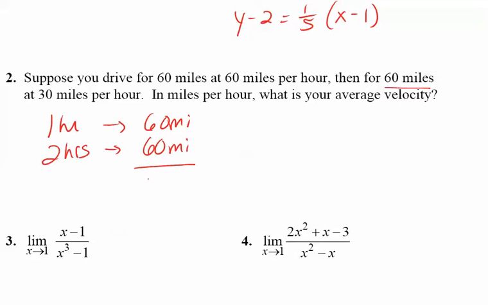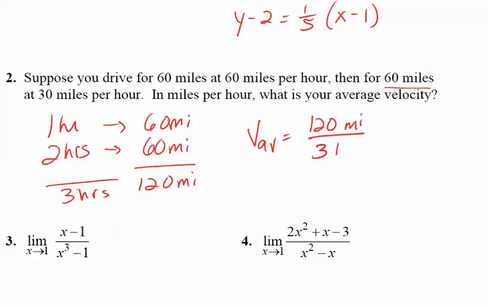So our elapsed distance is 120 miles, and we've managed to cover that in 3 hours. So our average velocity is our elapsed distance over our elapsed time. So our average velocity would be 40 miles per hour. Make sure, of course, that you label your units.